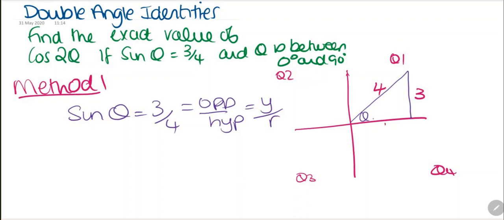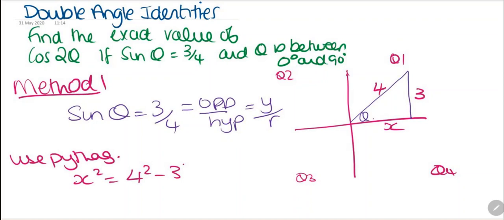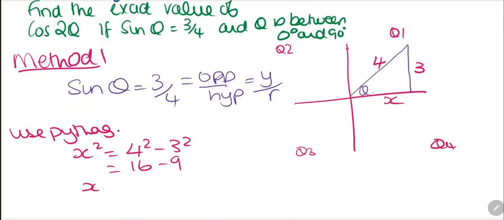Now I don't know this x value, but I can find it using Pythagoras. So x squared will be 4 squared minus 3 squared, which is 16 minus 9. So x will be the root, which is plus or minus.